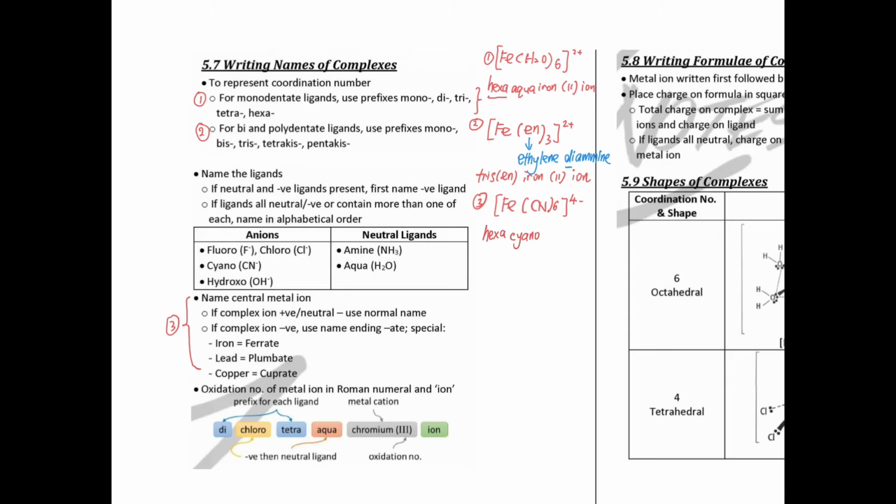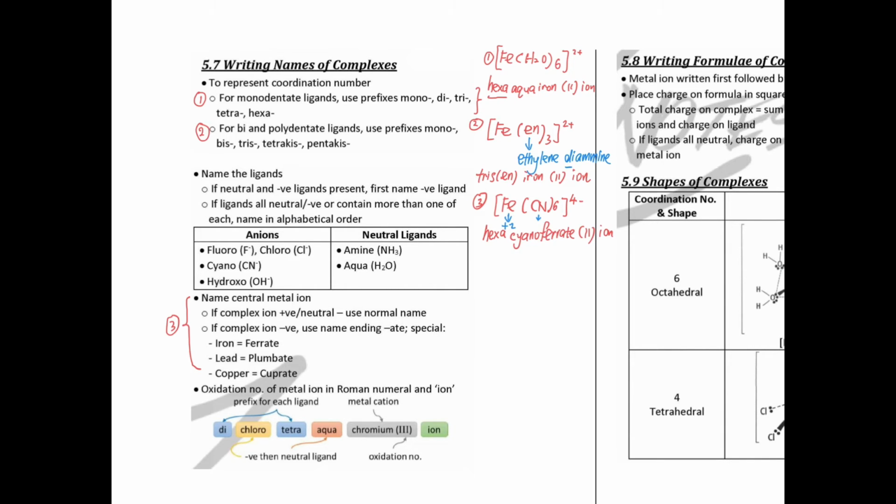Now you see the overall charge here is negative charge. So if it's negative charge, you look at rule number 3, iron has to change to ferrate. So we call it ferrate(II) ion. What does it mean by ferrate(II)? Why ferrate(II)? Because, okay, imagine this is originally positive 2.